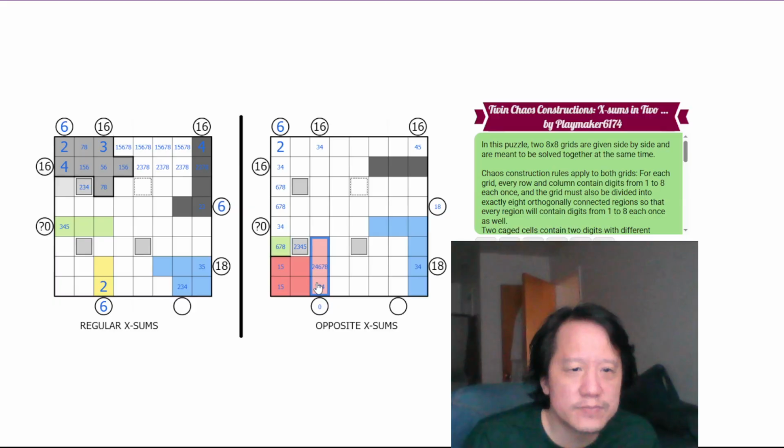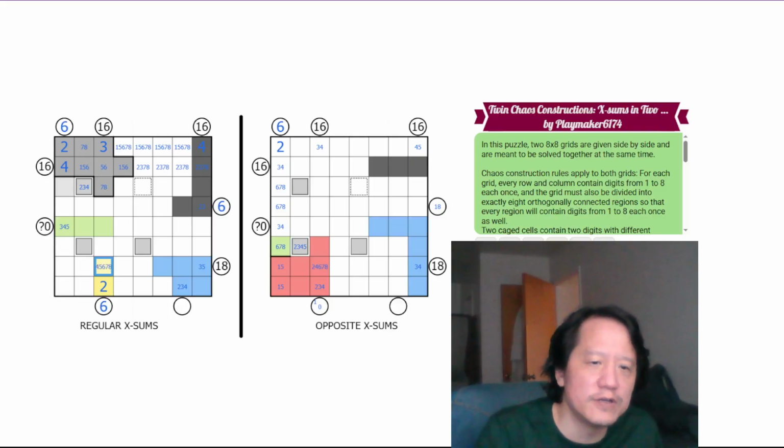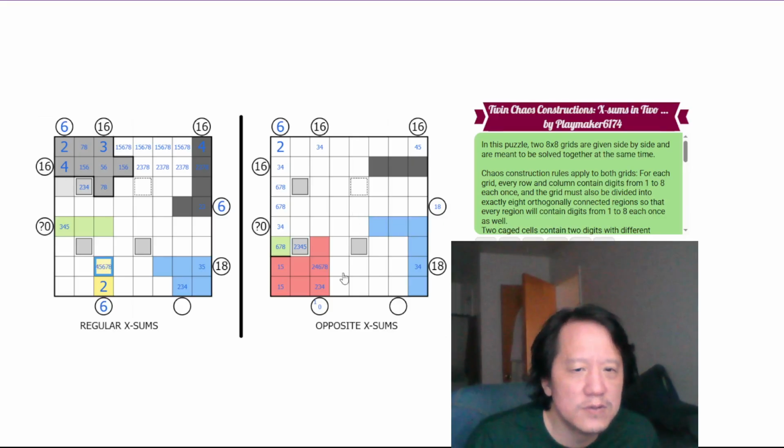Okay. It's at most 10. So this has to be 4 through 8 here. This can't be 4 anymore. If it's 4, this would have to have a value of 10. But 4 digits aren't going to add up to 10.